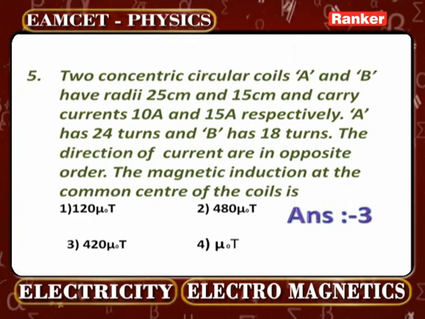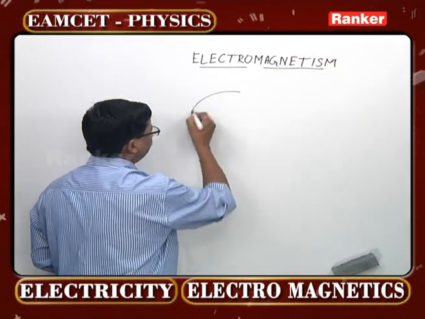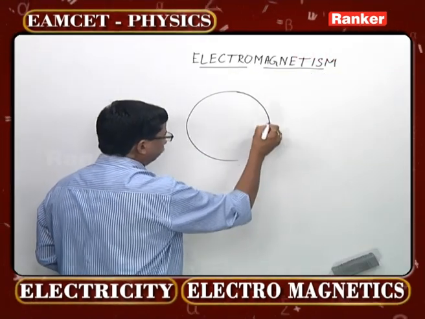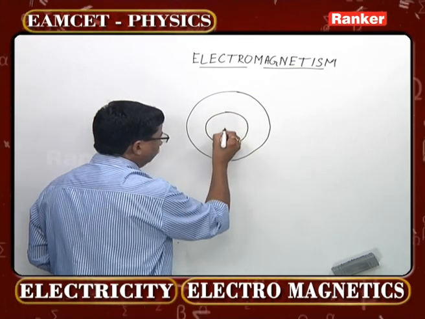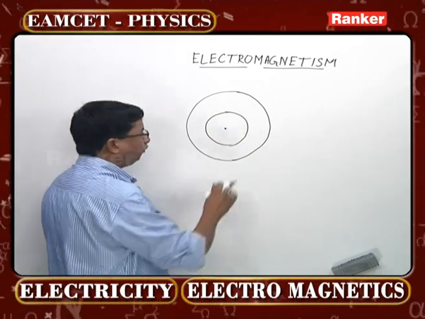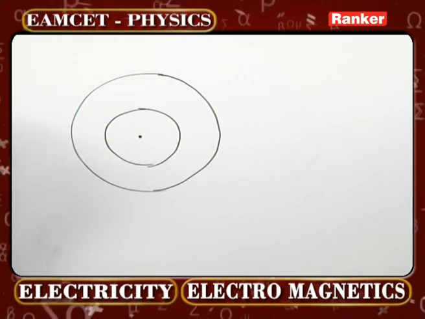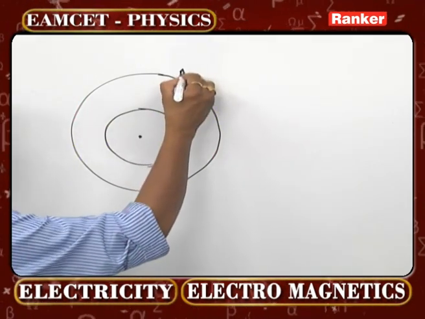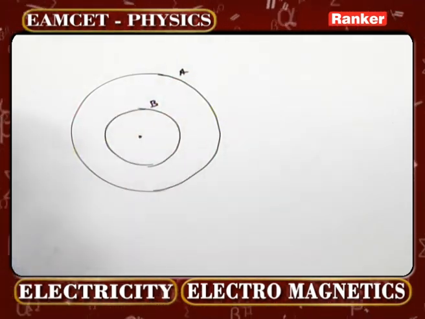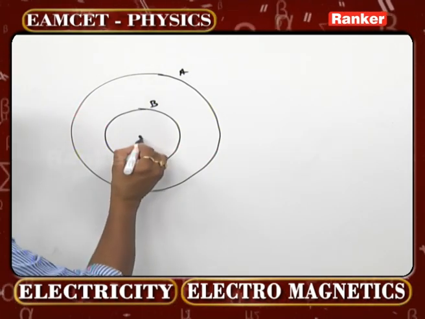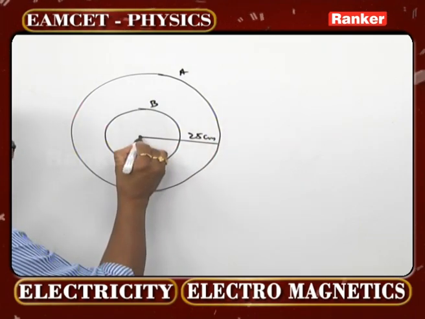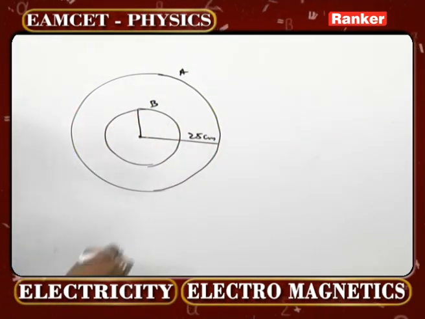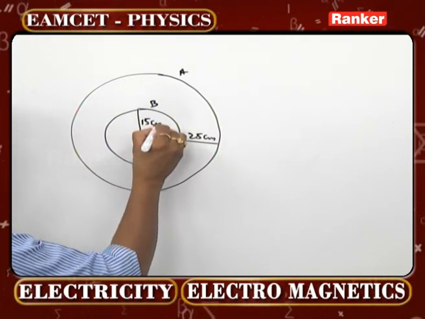So what one has to remember, you see, first I'll just draw two circles. Each one is a coil. They have a common center, therefore they are called concentric circles. One I take as A, one I consider as B. Now see, the radius of A is 25 centimeter, the radius of B is 15 centimeter.